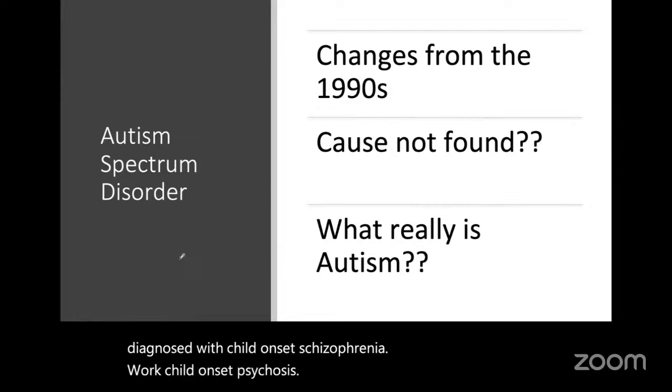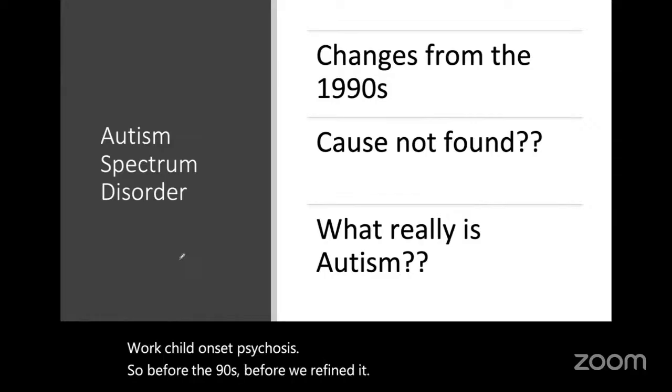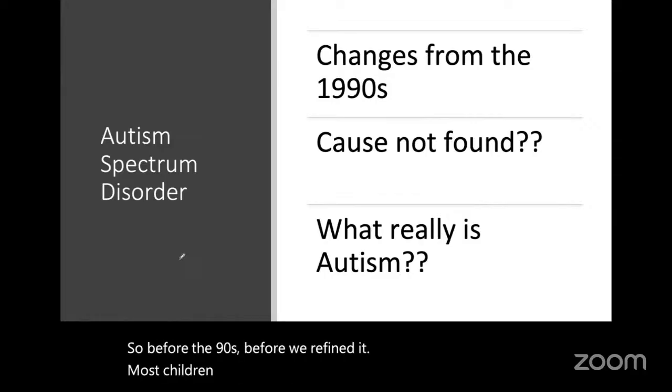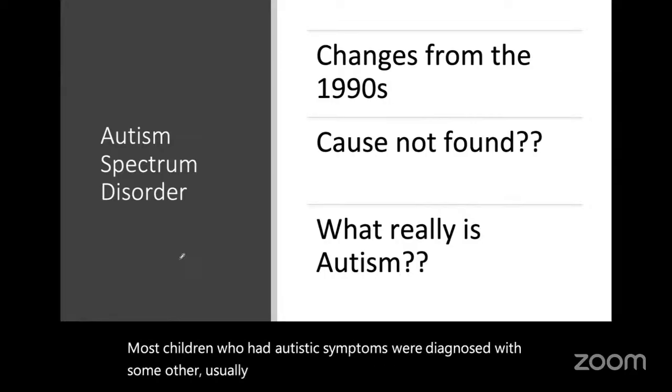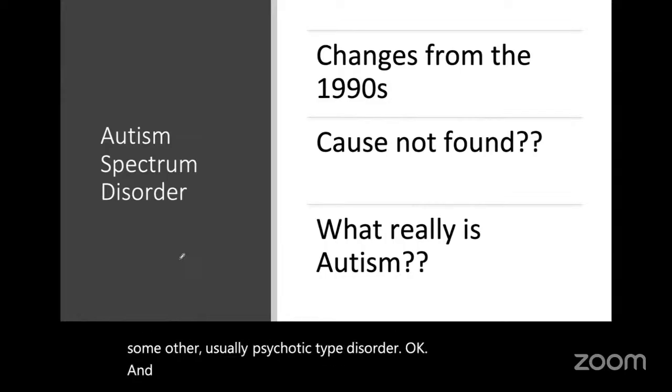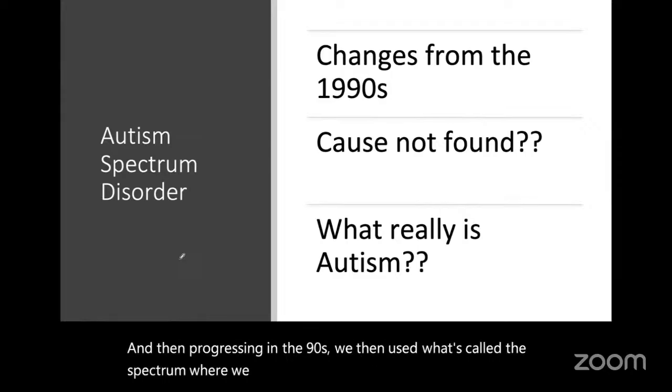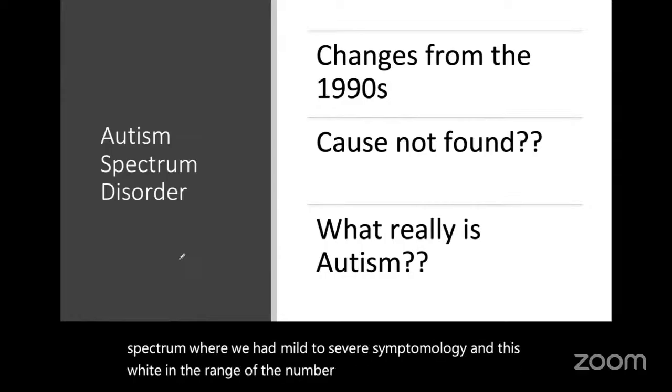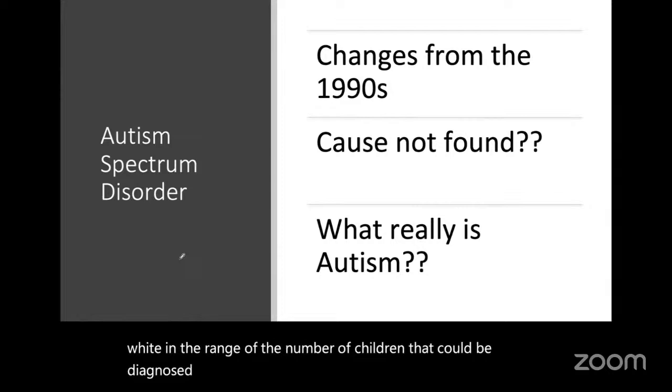So before the 90s, before we refined it, most children who had autistic symptoms were diagnosed with some other, usually psychotic type disorder. And then progressing in the 90s, we then used what's called the spectrum, where we had mild to severe symptomology. And this widened the range of the number of children that could be diagnosed with autism.